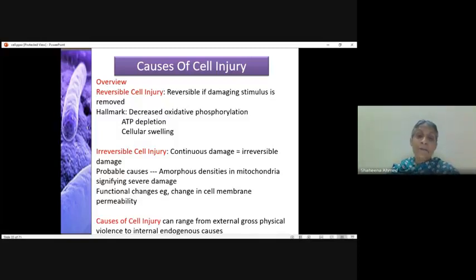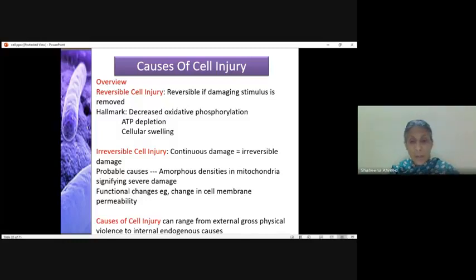Now, if the stimulus is not removed at this stage, then the cell is going to go into the irreversible stage. Irreversible stage means that the cell is ultimately going to die. If the stimulus is removed at this stage, the cell will revert back to normal. In the irreversible stage, the stimulus is persistently damaging the cell.